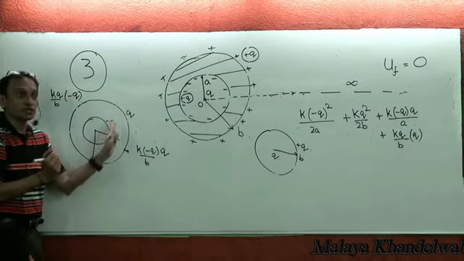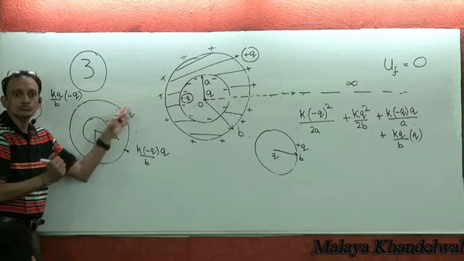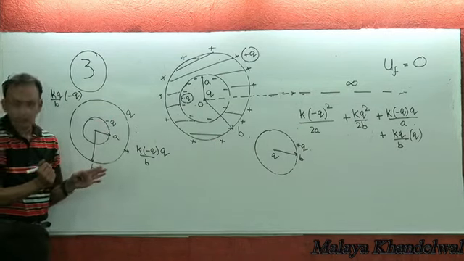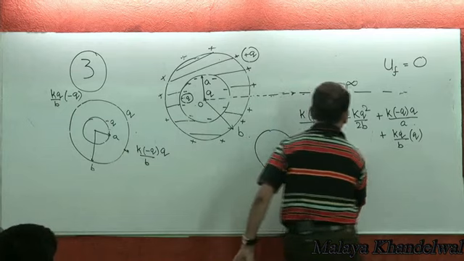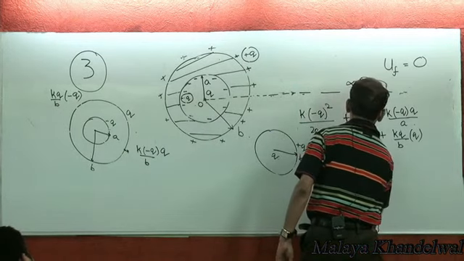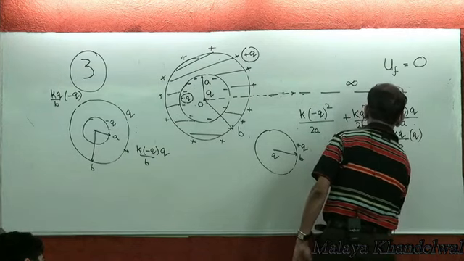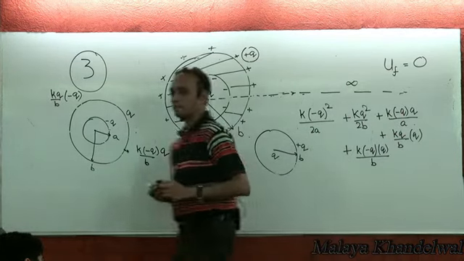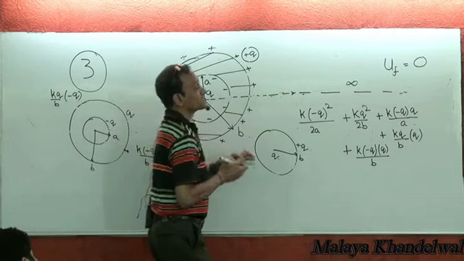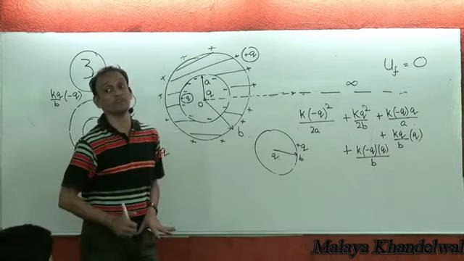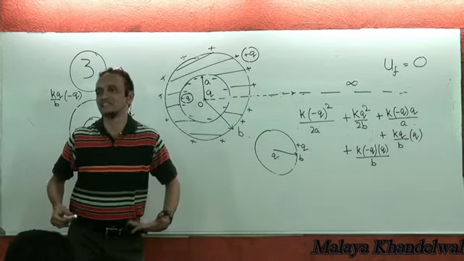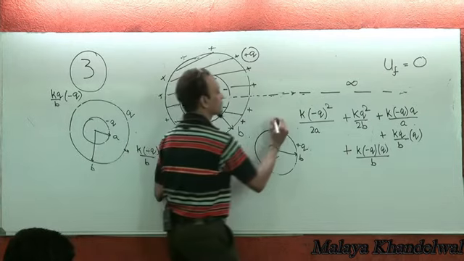So that's the interaction energy of these two entities, right? Which is K times minus Q into Q divided by B. That's the total self energy plus interaction energy, and therefore that's the total initial energy.